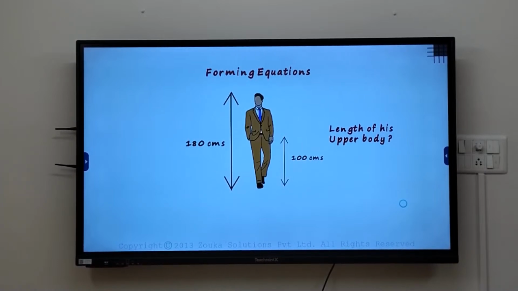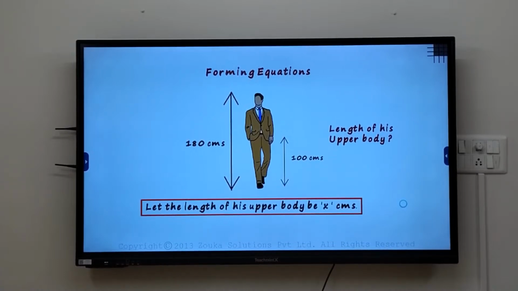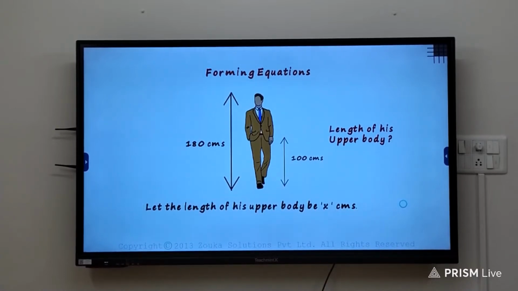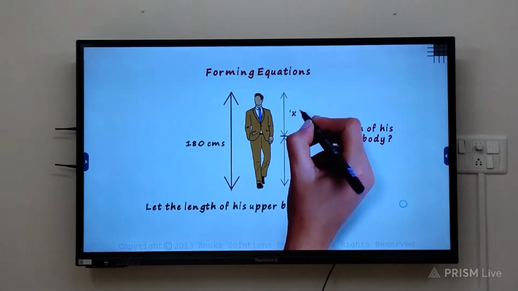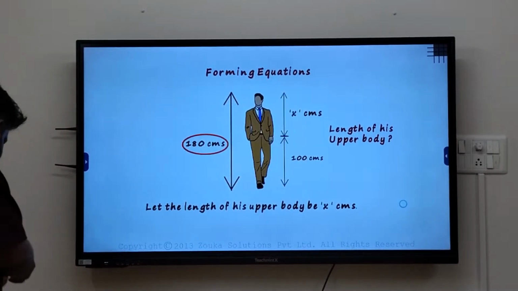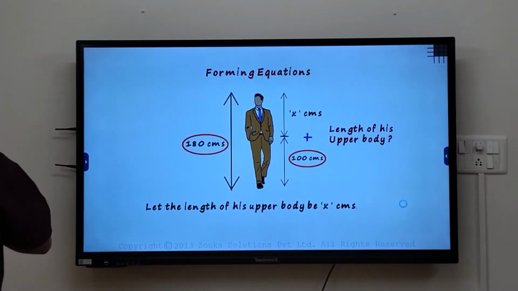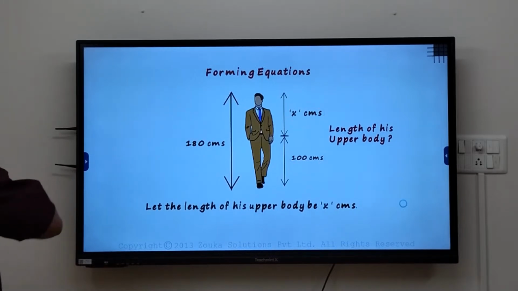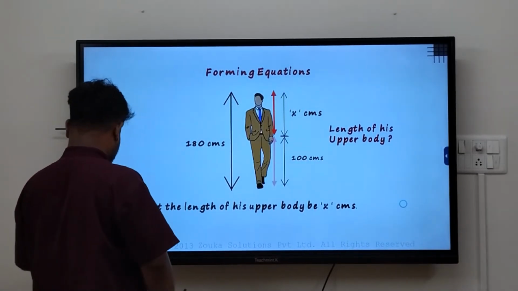So to form an equation, we assign what we want to find out a variable. And our all-time favorite variable is x. So let the length of his upper body be x centimeters. We do this since we need a variable to form an equation. And it's always a good idea to write it next to the figure too. So we write x centimeters here. It is obvious that his total height will be the sum of the length of his lower body plus the length of his upper body.